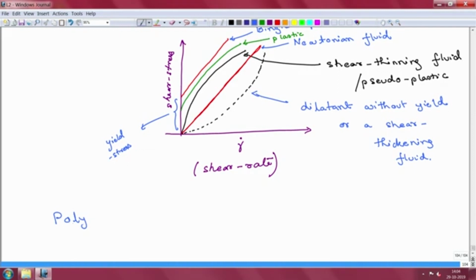So, most of the polymer melts and solutions of polymers often behave as shear thinning fluids. When I say solutions, it means solutions of polymers are often shear thinning.